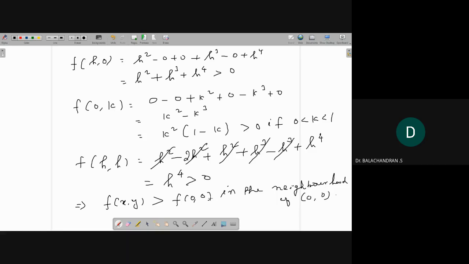Therefore (0, 0) is the minimum point of the function f(x, y).